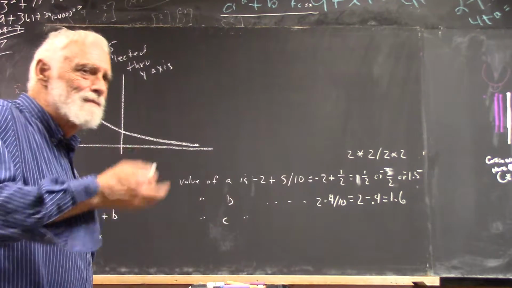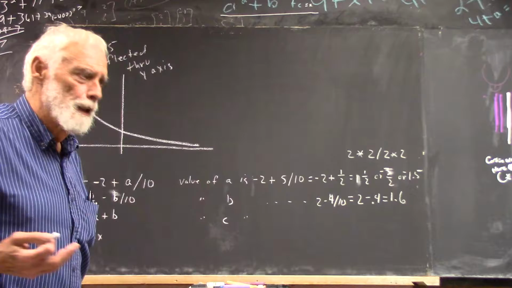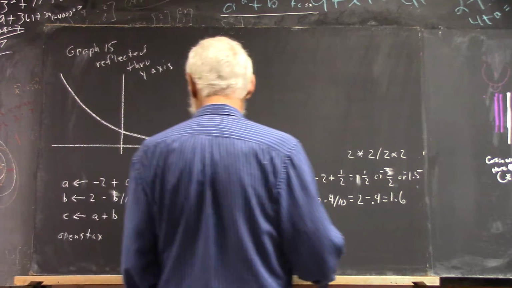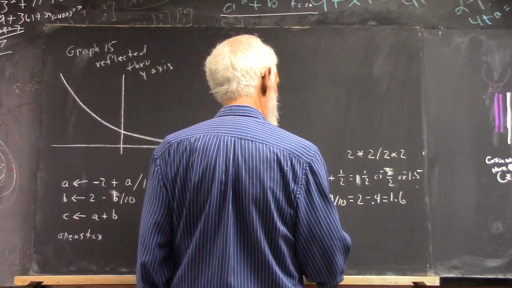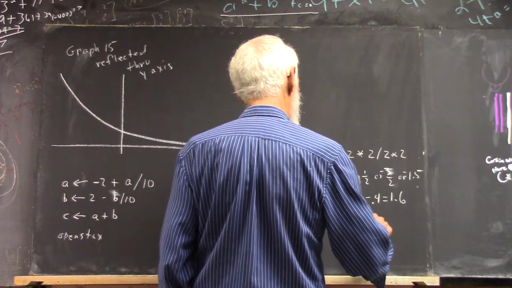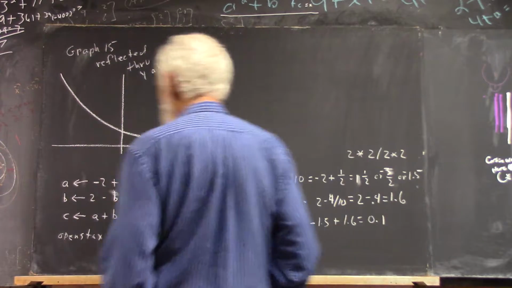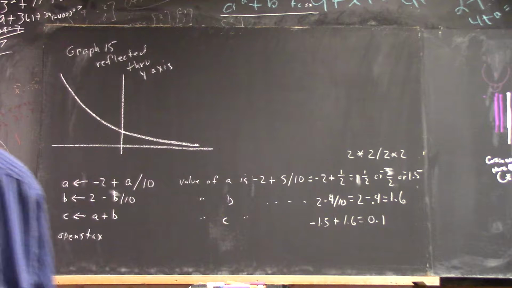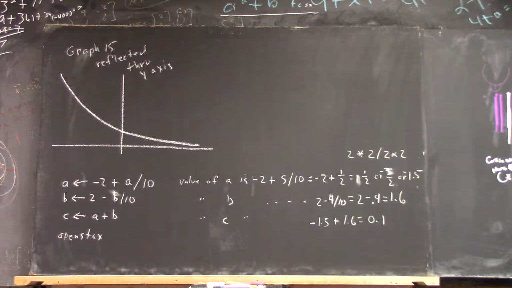Put in proper mathematical grammar. So, C is going to be 0.1. Okay? And that might not have been the best choice for the algorithm, but that's okay, we can use it.